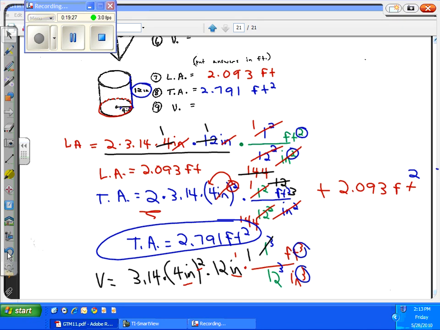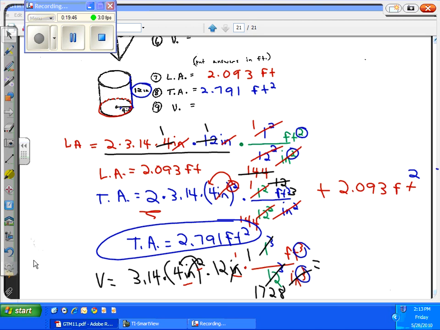1 cubed is 1. 12 cubed is 12 times 12 times 12, which is 1,728. Now we're losing those square inches and inches, but that square also hit that 4. So don't forget it's a 4 square.